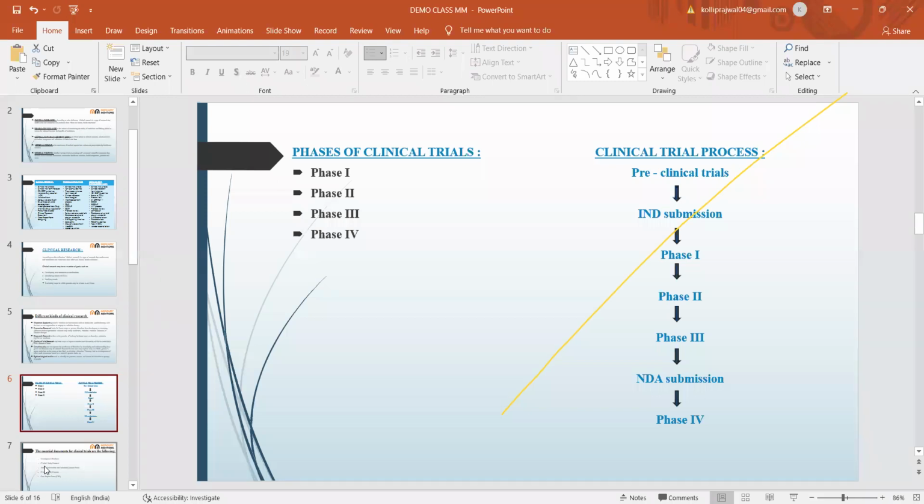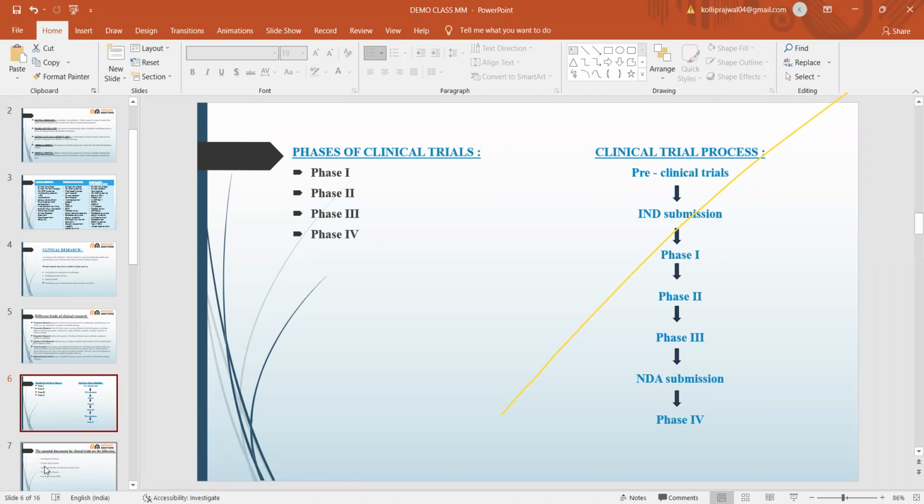That kind of research is known as preclinical trials. Clinical trials is the experimentation of any drug on humans, but if we conduct the same type of experiments on animals, it is known as preclinical trials. So the first step is preclinical trials.